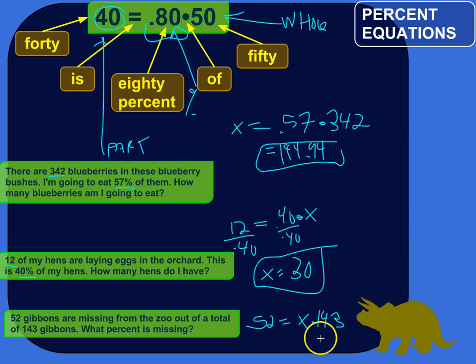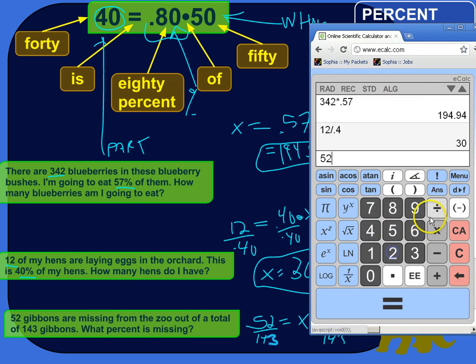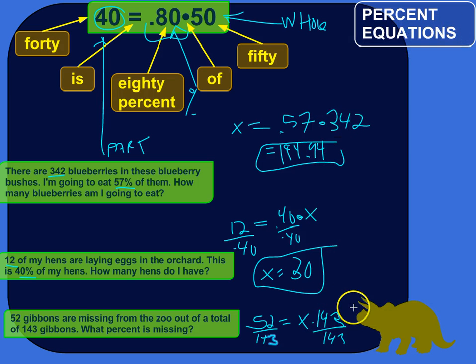So I could divide both sides by 143. So 52 divided by 143. That's 0.36 repeating.